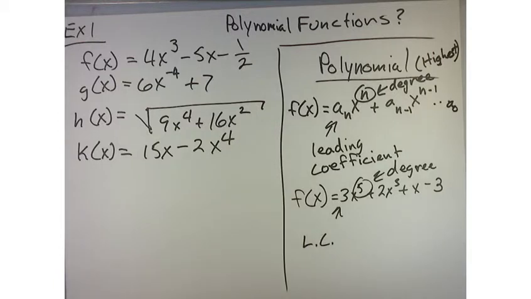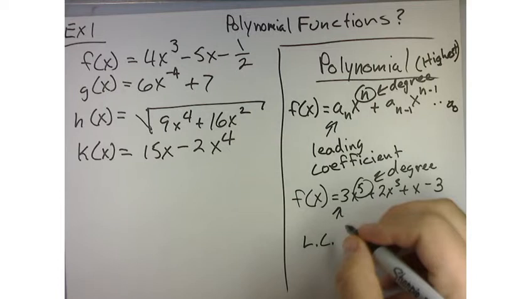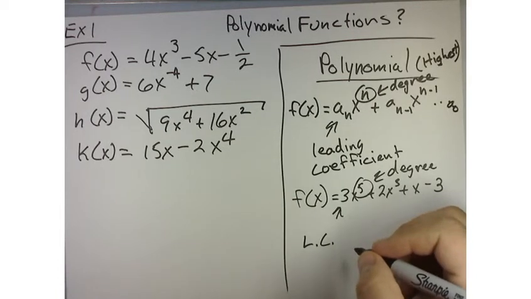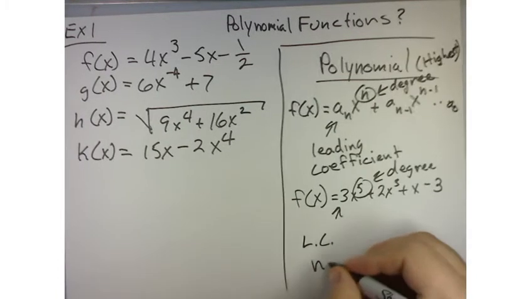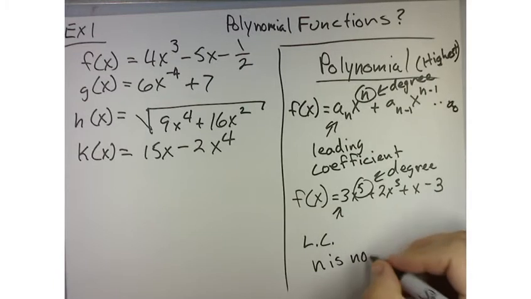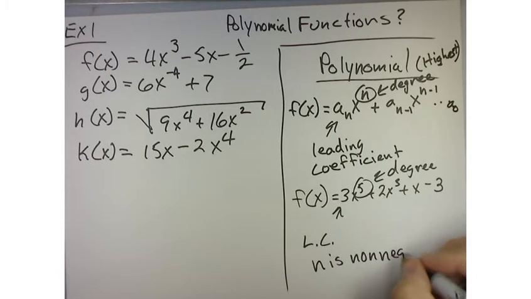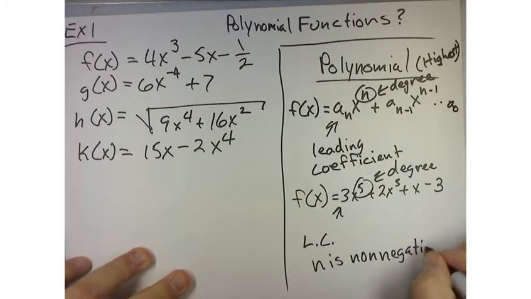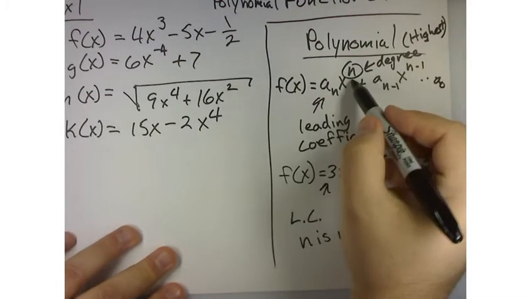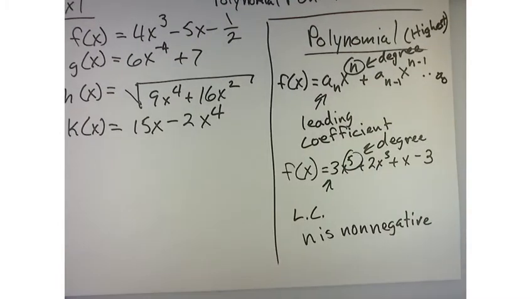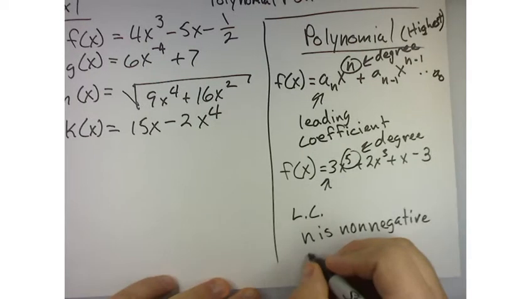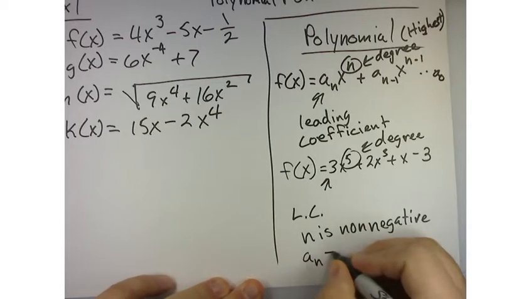Well, we know that there are some qualifications. I think the first one is that n is non-negative. So when we look at this n, or the power, it has to be non-negative, okay? And that's about it. Oh, and a sub n cannot equal 0.